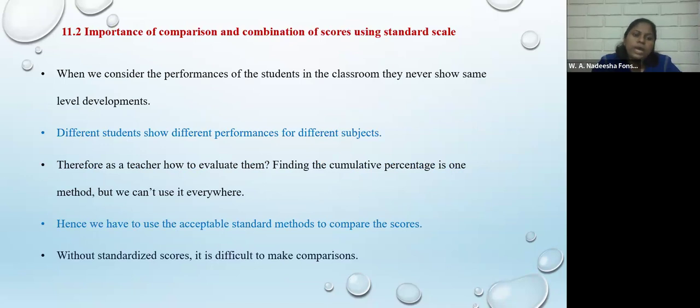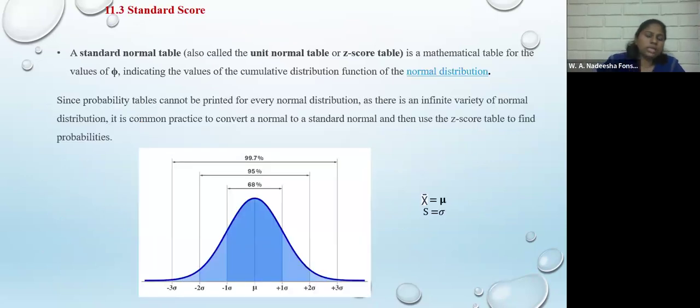To do that, we have to use standardized scores. Under standardized scores, I told you that we have to use a standard normal table. So we will do the standard normal table today. And to use this standard normal table, we have to use the normal distribution. But here for the calculations, we don't take normal distribution. There is a separate subject called educational statistics.